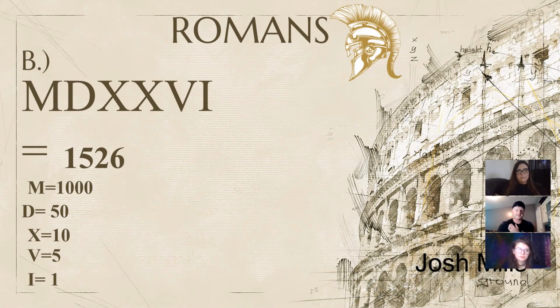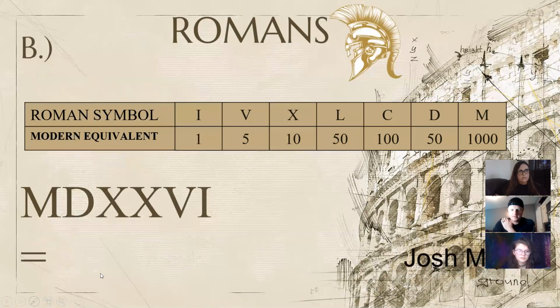Okay. I think I messed up somewhere. I apologize. Let me do that again. I might have meant to put for X. What was X? I think I messed that up. Can you go back to the other slide? Yeah, okay, I did that right.